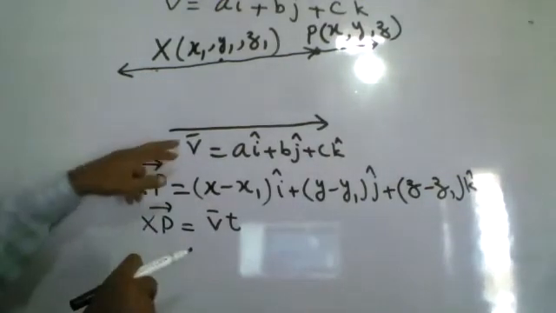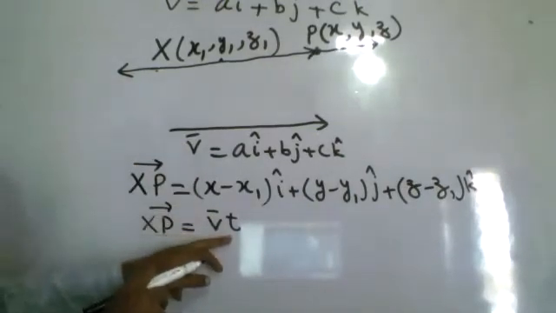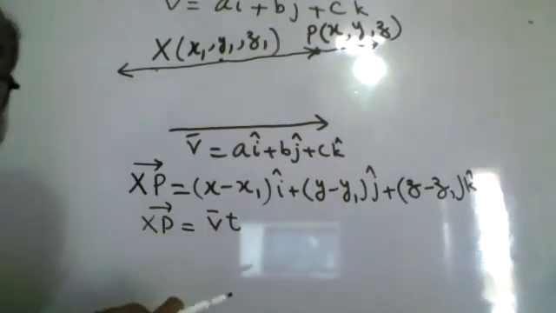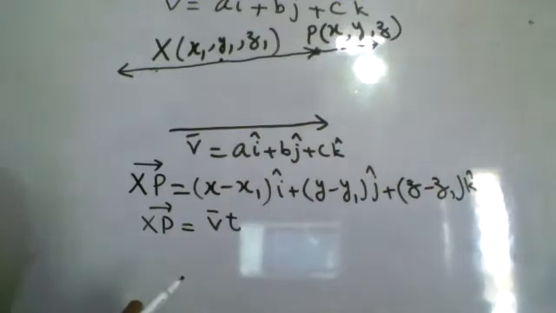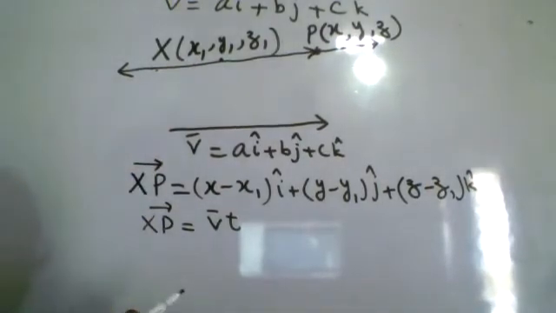If we multiply the vector v with the scalar number t, then both vectors XP and vt will be equal. t is a number such that when it is multiplied with v, v and XP are equal.